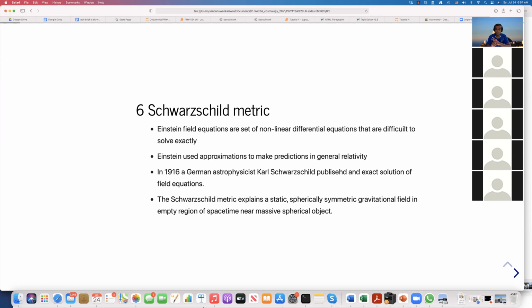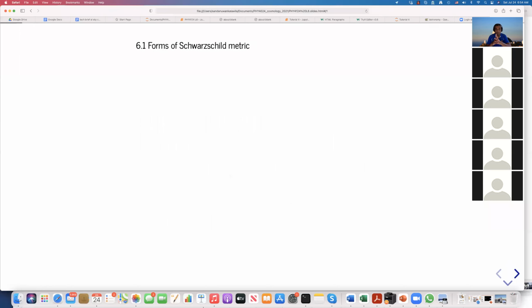This is applicable for space-time near massive spherical objects, such as black holes, which is why this particular situation is important. We are going to discuss the form of the Schwarzschild metric and how we can derive it, and also some applications such as gravitational time dilation and gravitational redshift.